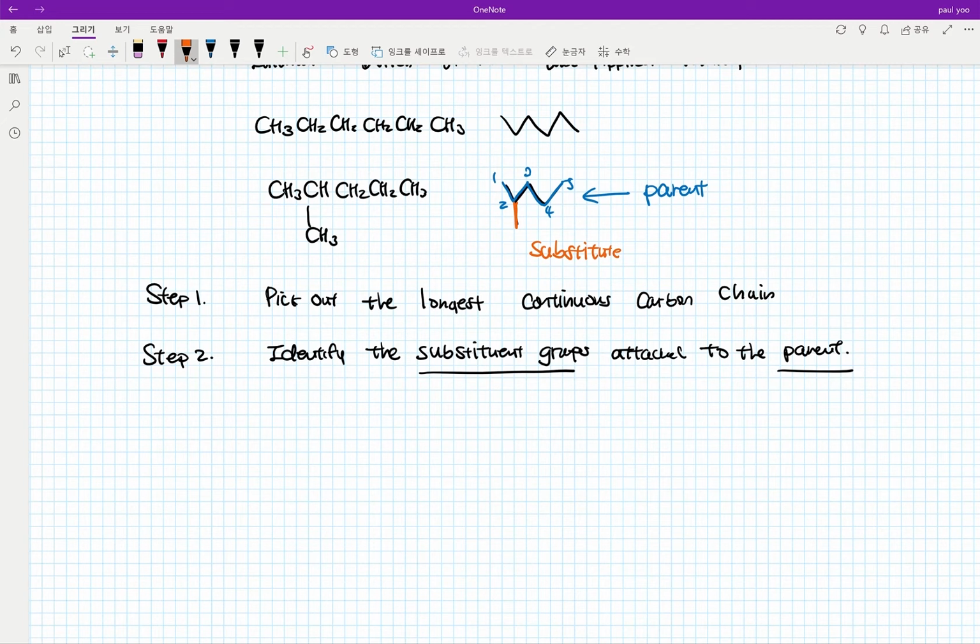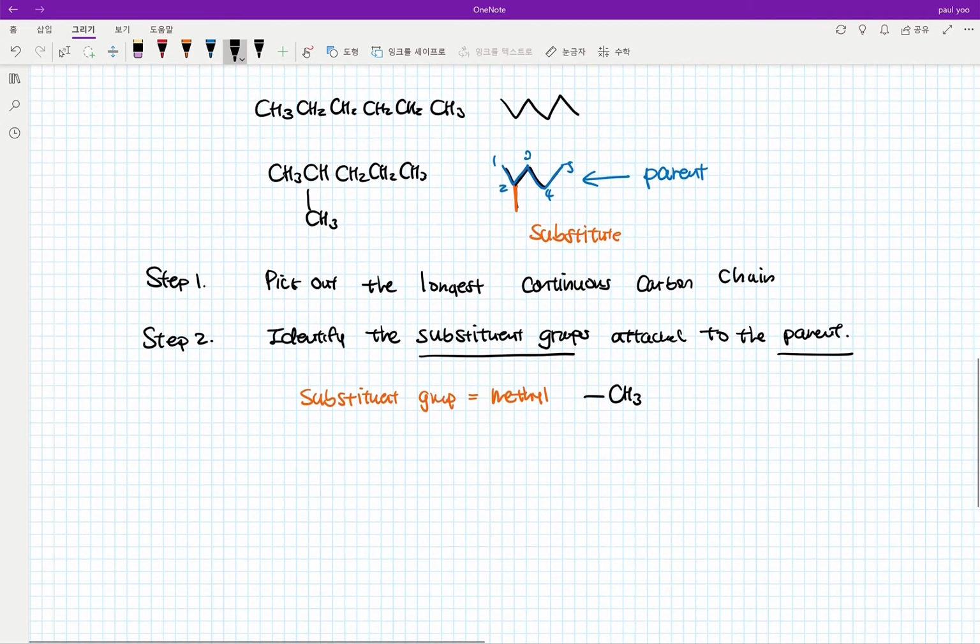And we are going to name the substituent group methyl in this case, which has a very similar structure to methane.